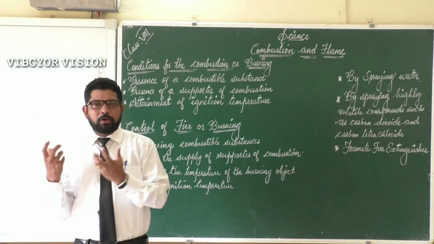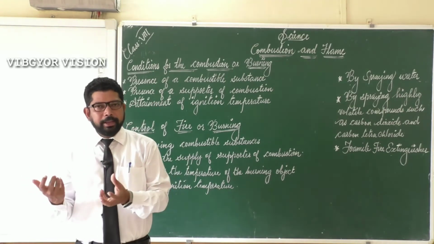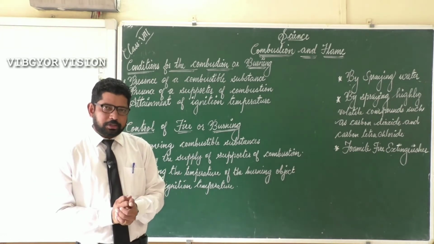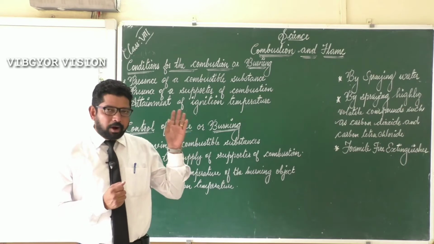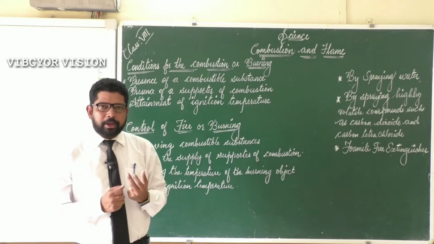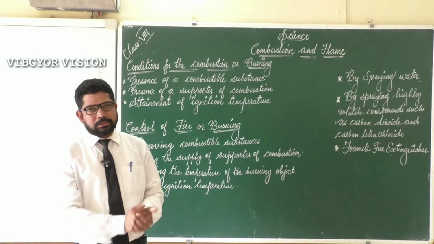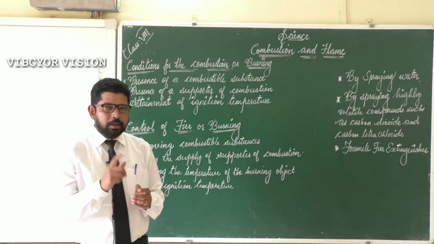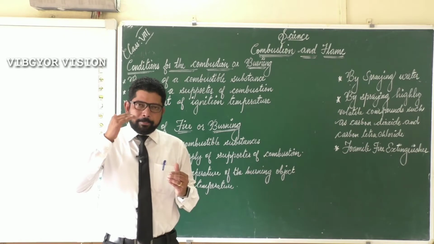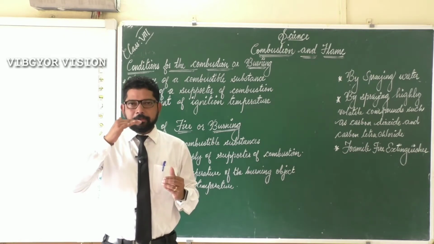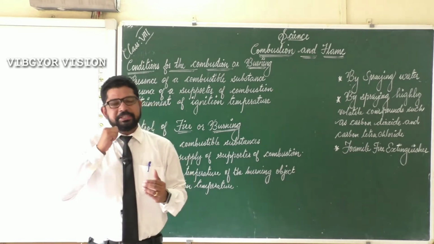When they spray water on that burning object, it gets extinguished. How does it extinguish? By spraying water, we can extinguish fire due to two reasons. What are the two reasons? First one, when we are spraying water, the temperature of that substance falls below its ignition temperature.